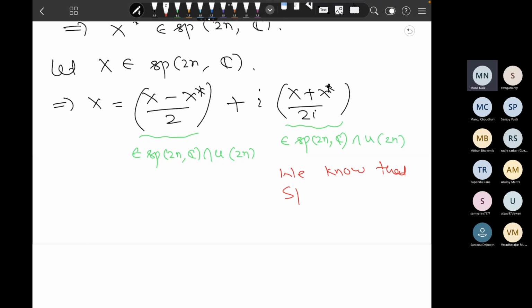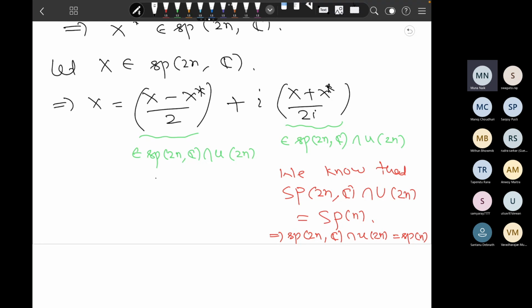We already know that Sp(2n,C) intersection U(2n) is really the capital Sp(n). This is the maximal compact subgroup. So for that reason, small sp(2n,C) intersection small u(2n) is really small sp(n). So this is really sp(n), and this is sp(n).